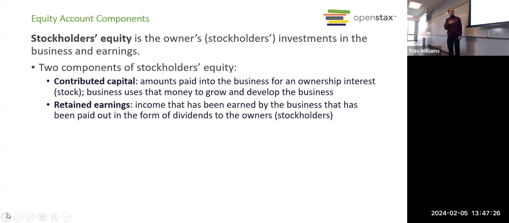And retained earnings are the profits that the company has made and not spent. So it's the earnings of the company that it has retained. Just remember equity has two parts.